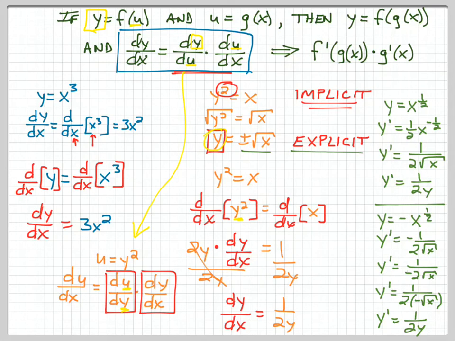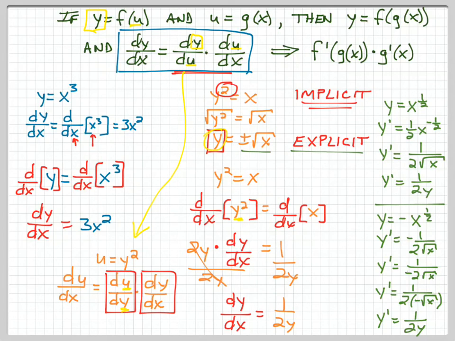So here what we've done is we're taking an equation where y is not by itself. It might be squared, it might be cubed, it might have other pieces attached to it, and we're going to use the chain rule to still find the derivative of this function. We're going to work it through the entire function.